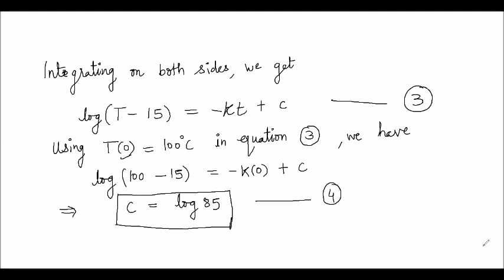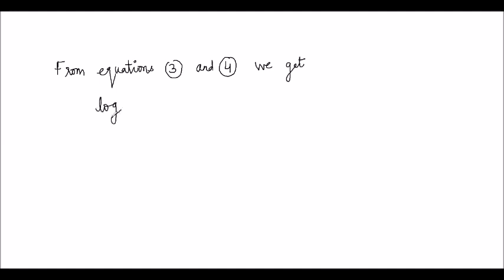From equations 3 and 4, what do we get? Log of T minus 15, let us take the terms of log on one side: log 85, this is the value of constant C, and minus Kt.